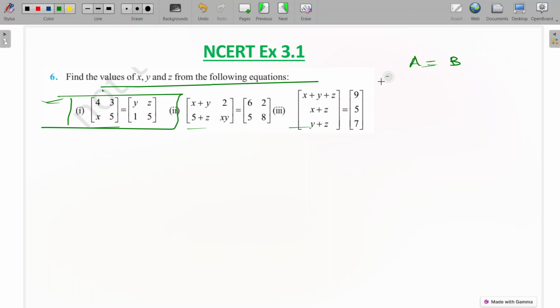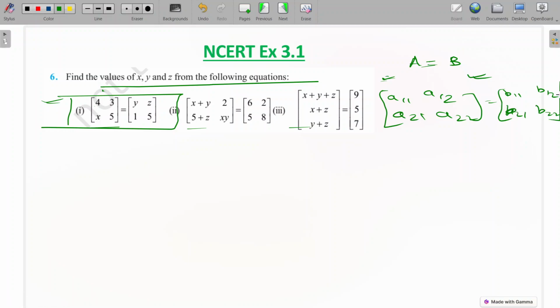It means all the elements of A will be equal to the corresponding elements of B. Suppose I am considering a 2 cross 2 matrix, A11, A12, A21, A22, equal to a matrix B11, B12, B21, B22.